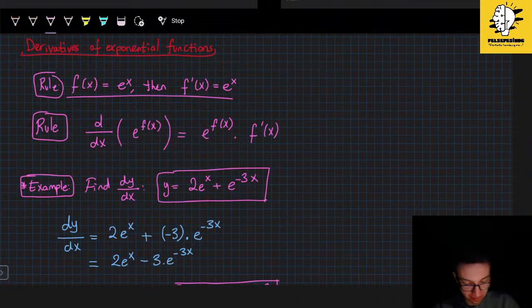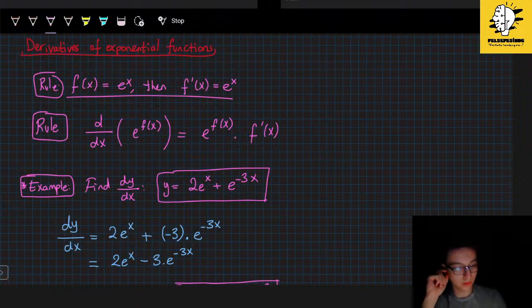Okay, so the rule says, and it's actually in the data booklet, if we have a function f(x) equal to e to the power of x, its derivative will be the same. But if we have e to the power of f(x), and we take its derivative, then it's going to be e to the power of f(x), but we multiply it with f prime x.